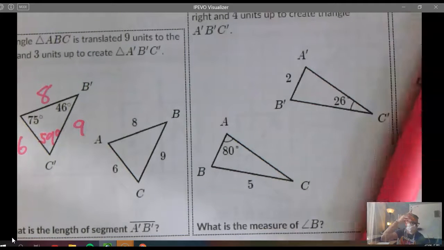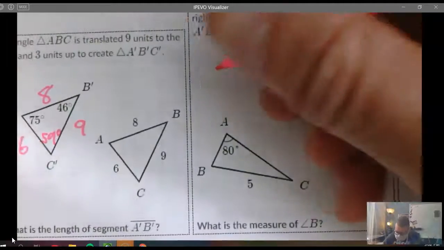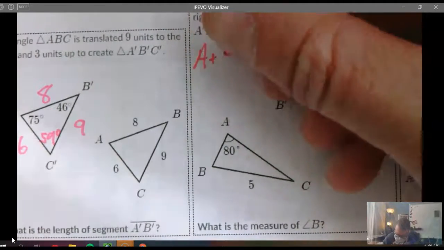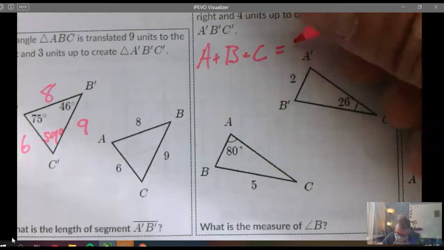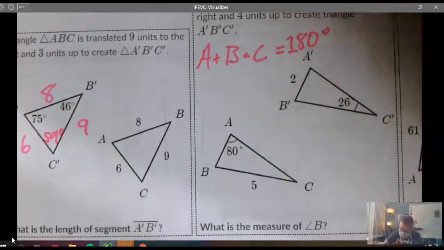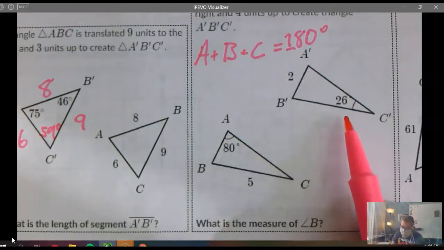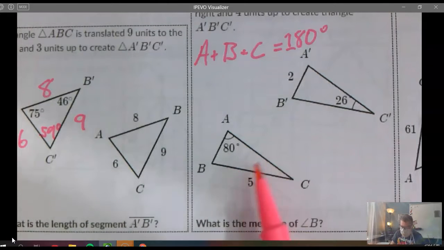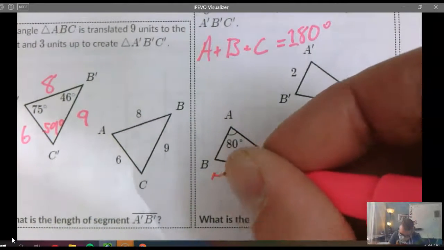Well, we don't know it yet, but we can figure it out, because what we do know is all 3 angles sum to 180. So if you need to remind yourself that A plus B plus C is going to be 180, do so, and then do the math. If A is 80, C is 26, B is going to then be 74.